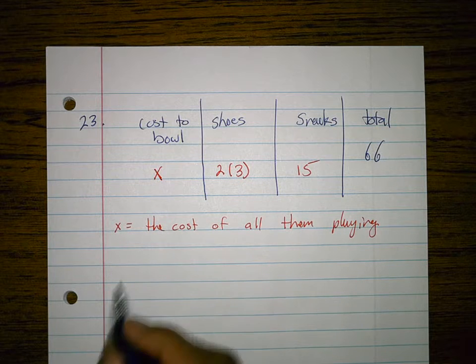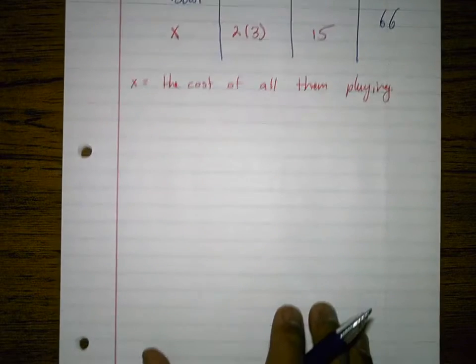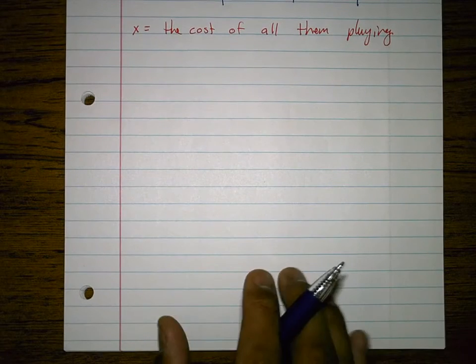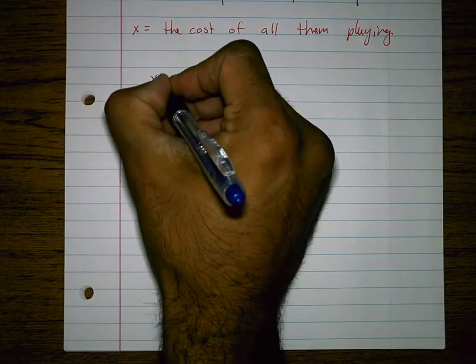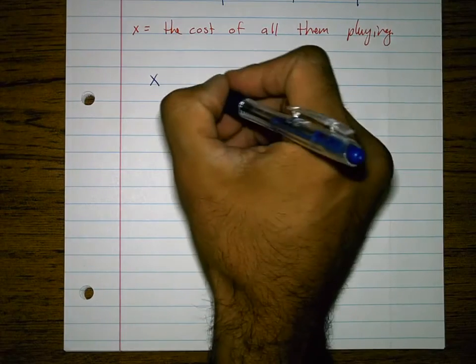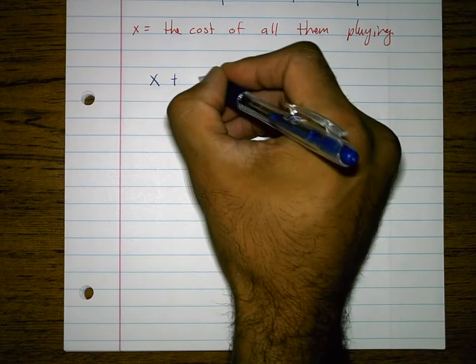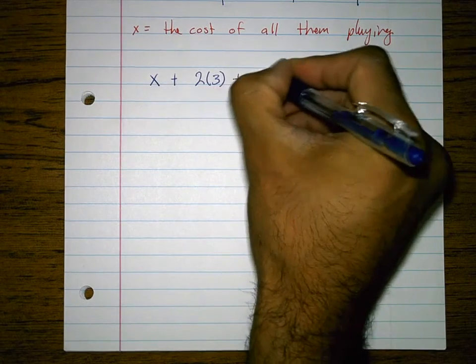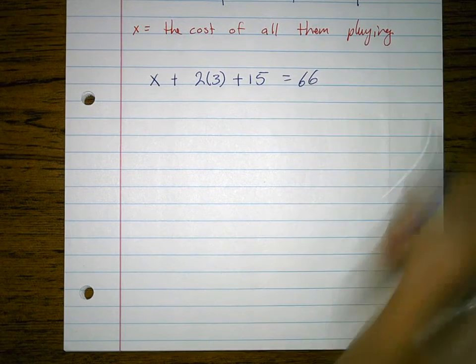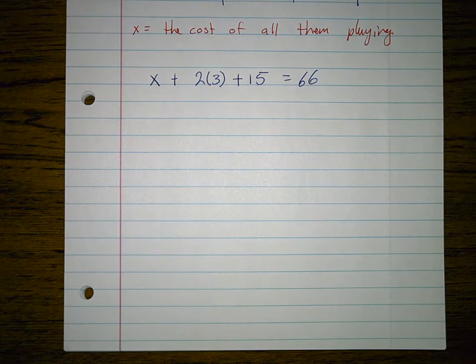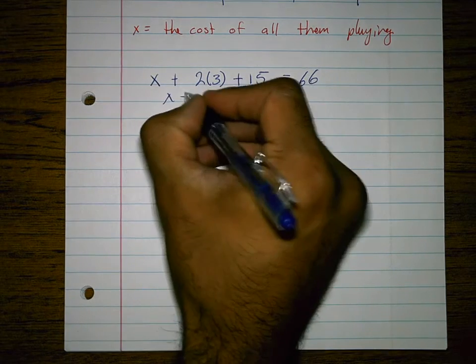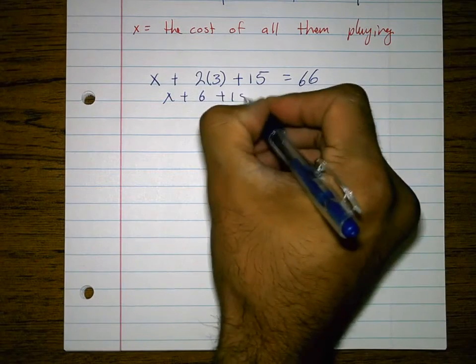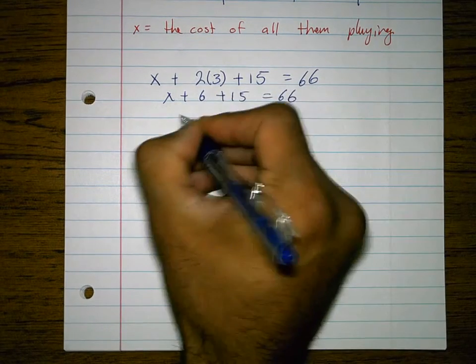All right, so setting this up, it should be X plus the cost of the shoes plus the cost of the snacks equals 66. And then this is going to be X plus 6 plus 15 equals 66.